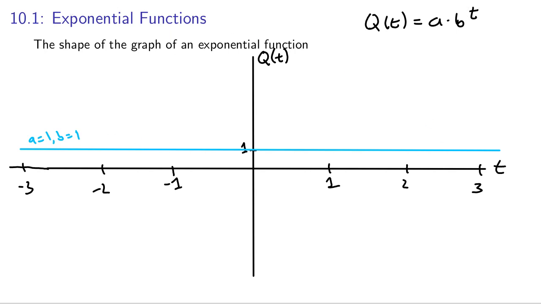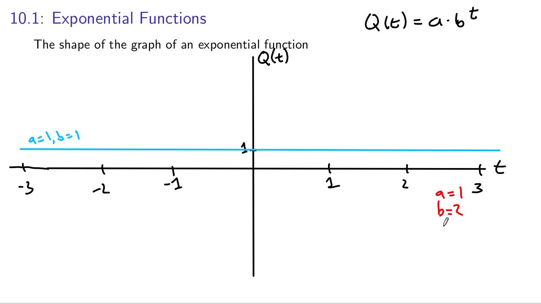So now let's use red and think about, what if B is 2? If B is 2, and we'll just do, A is going to be 1 for all of these, maybe we'll do some with a negative. So A is 1, B is 2.